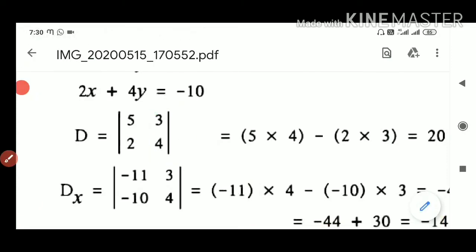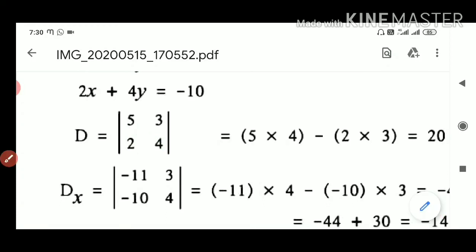See here. Then the value of this determinant is, first we multiply 5 into 4 minus 2 into 3 is equal to 14. That means the value of determinant D is 14.